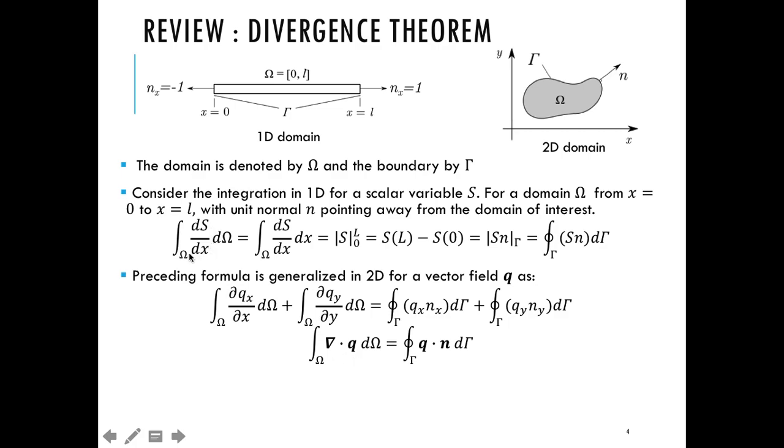Where ये जो 1D में ds by dx था, that gets replaced by the divergence of the field Q, right? ds by dx then corresponds to, in higher dimensions, del dot q, और इसकी integration over the entire domain can also be written in terms of the surface integral of q dotted with n.